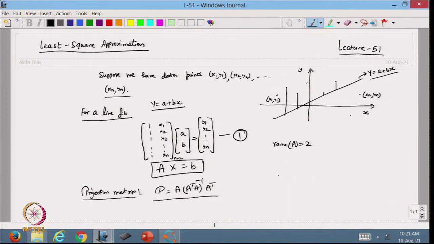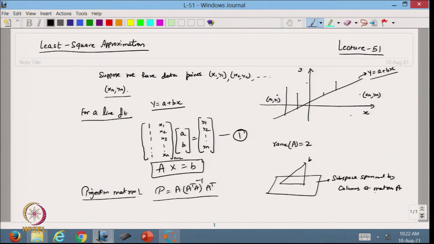Suppose this is the plane, a subspace spanned by the columns of matrix A. Then suppose we have a vector that is not in the linear combination, or the column space, of A. Suppose this is my vector B, and we take its projection on this subspace spanned by the columns of A. In this case its dimension is 2.